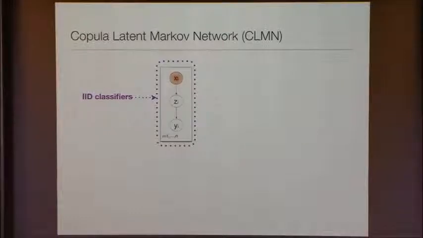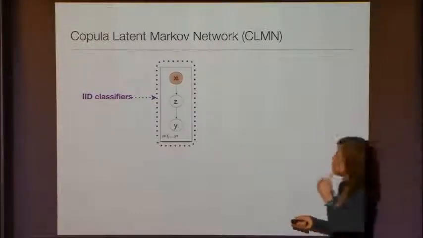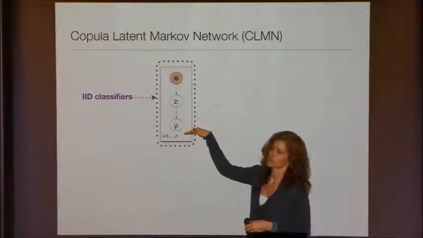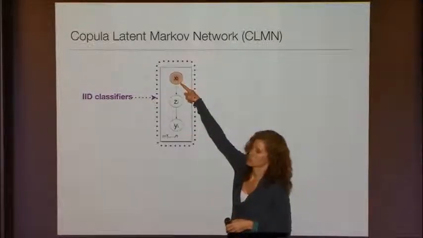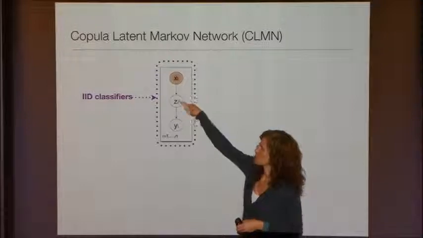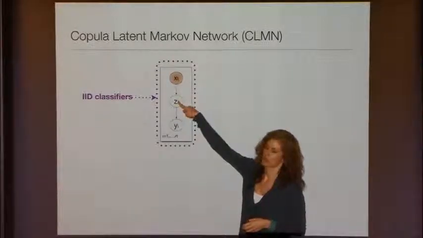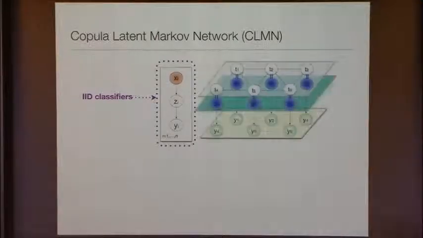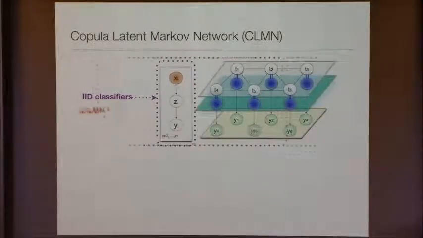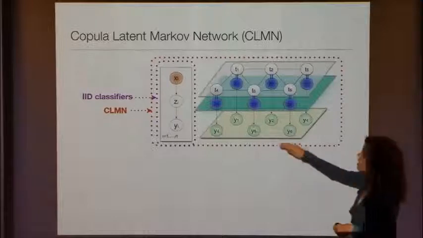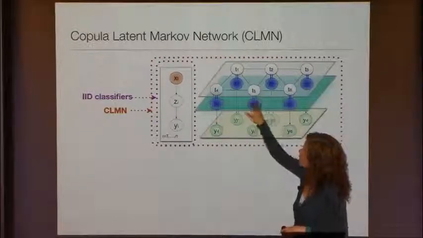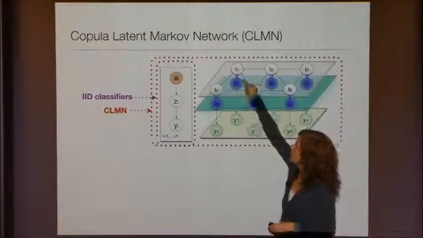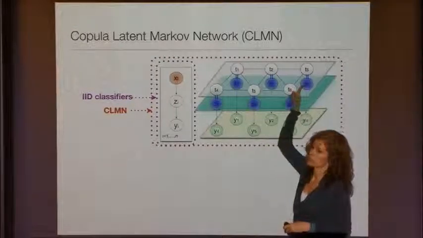Let me back up. You can think of what we did as actually constructing an IID classifier where the effect of the attributes on the class label goes through a hidden variable here, z. And then we combine that with this joint representation right here, where now we model the dependence between the z's as this latent variable t, which then is rolled out over the network.